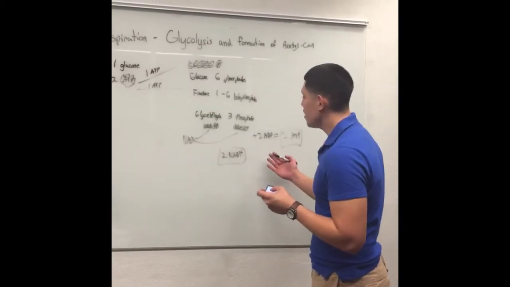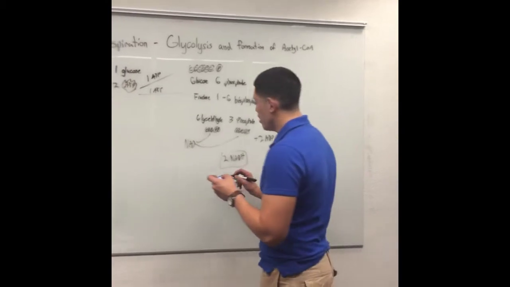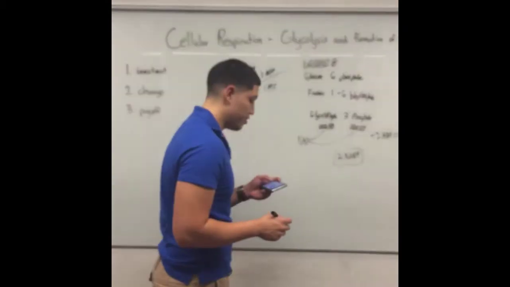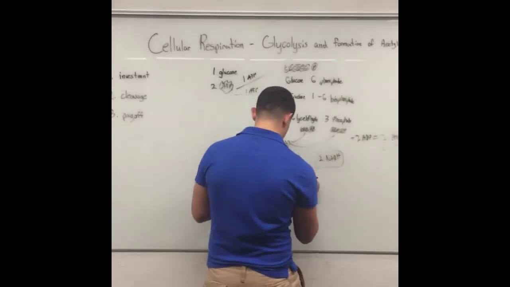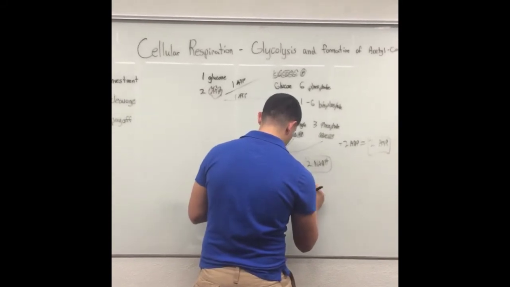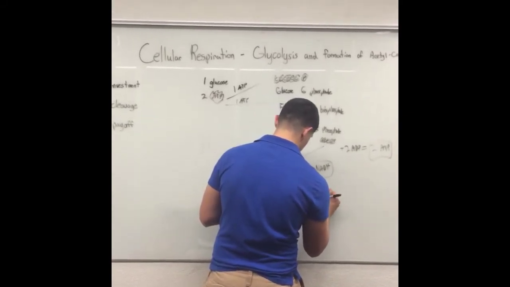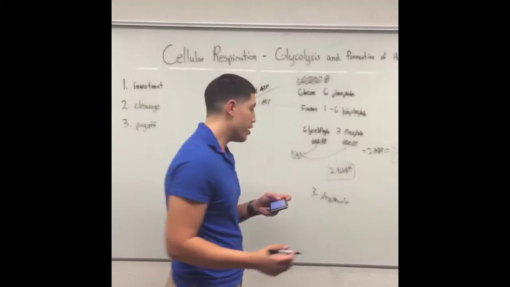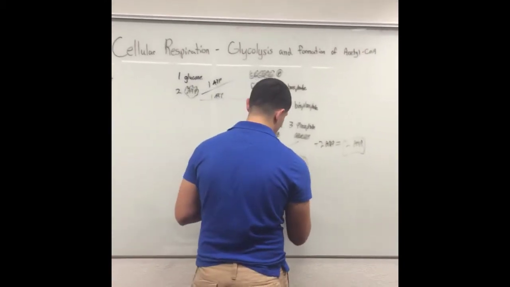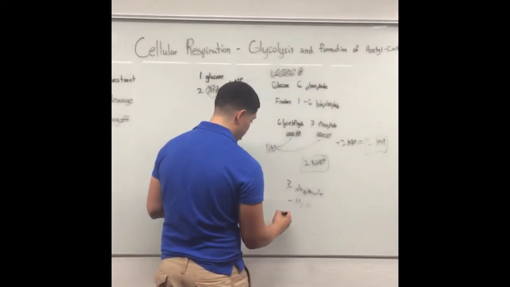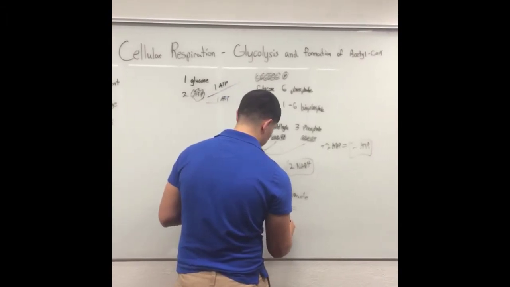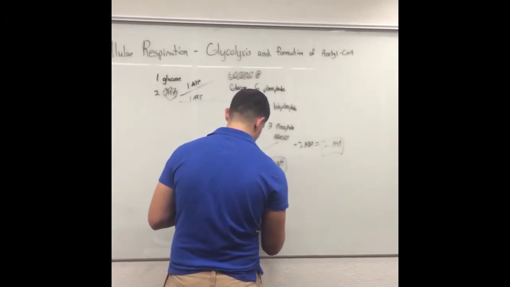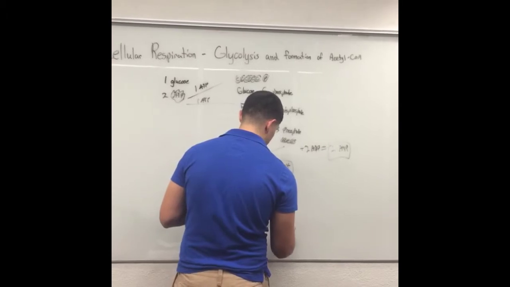And then after this step, we're going to use another enzyme to convert glyceraldehyde 3-phosphate into 3-phosphoglycerate. And with this molecule, we're going to take away a water, and we're going to end up producing phosphoenolpyruvate.